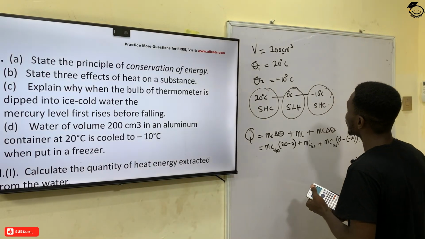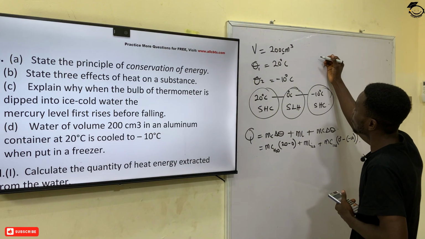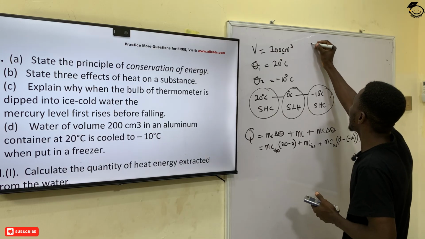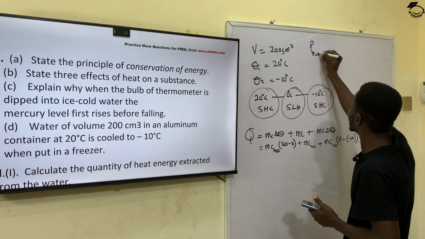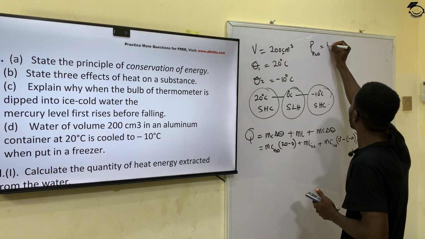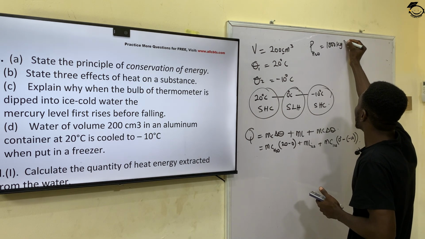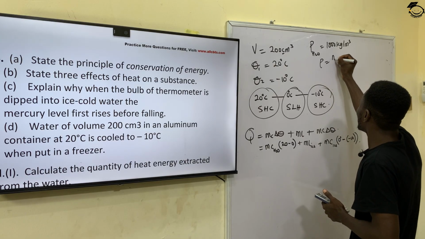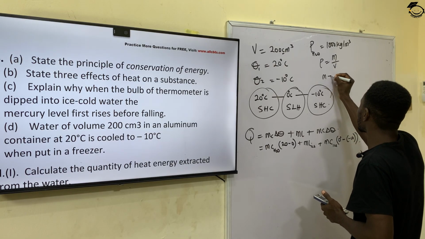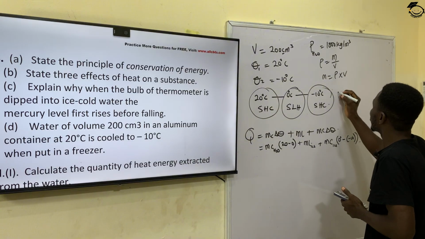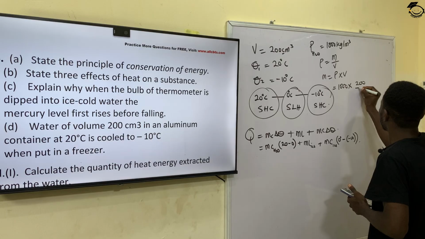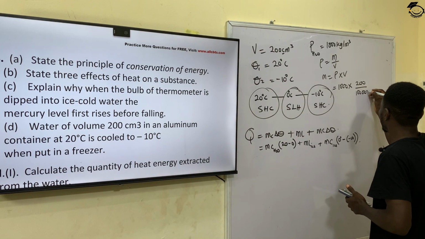So for us to be able to solve this question, we have to know the mass of this particular water. And for us to get the mass, we have to use our density. And we know that the density of water is always 1000 kilogram per meter cube. So with this, we know that density is equal to mass over volume, which means that my mass is equal to density times volume. So with this, we have 1000 times 200 over 1,000,000.